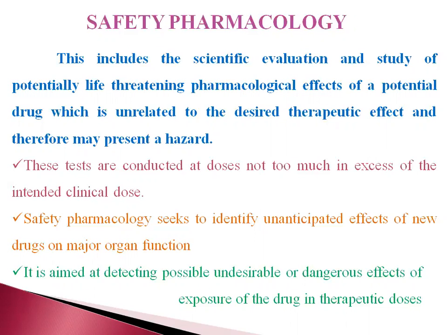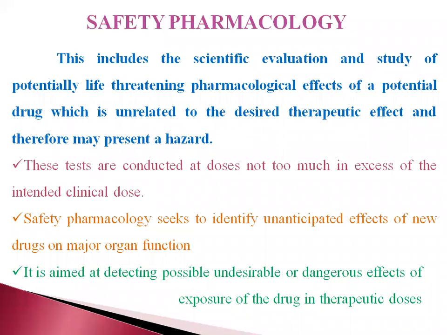So apart from therapeutic effect, we are checking potential life-threatening pharmacological effects. That means we are checking by increasing or decreasing the doses, which type of effects are observed. That is most important. These tests are conducted at doses not too much in excess of the intended clinical dose.